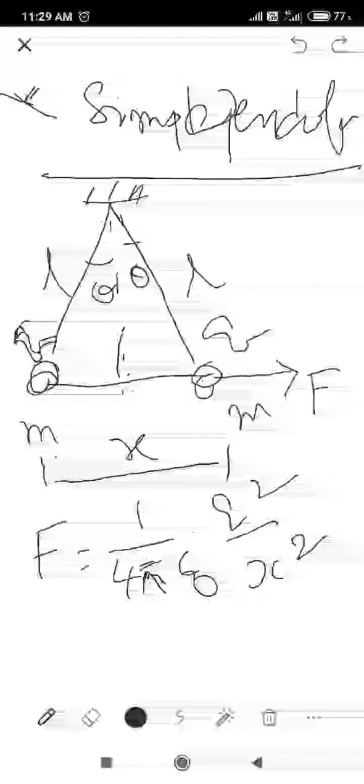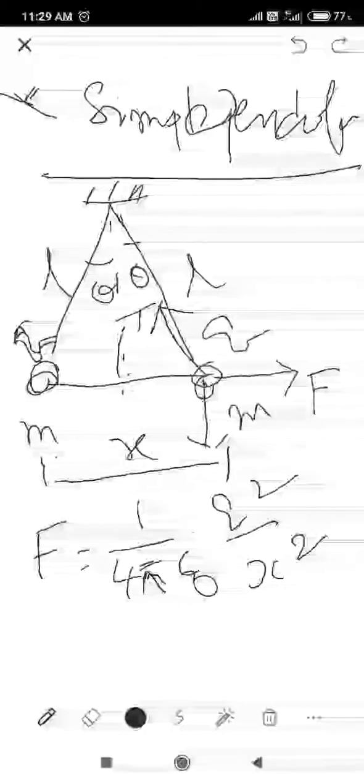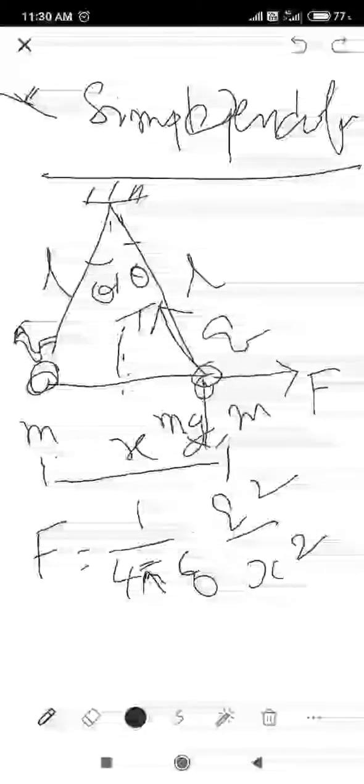And this charge is connected with the thread, so tension will act like this. This is the tension, and weight of this pendulum will act like this. This is weight mg.